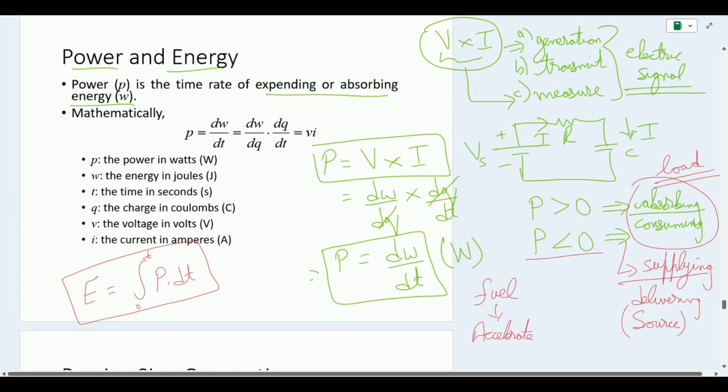So we can say fuel is acting as the energy for the vehicle, and whenever that energy or fuel goes to the combustion engine, you basically accelerate, which means you are providing power to the system. So the more you accelerate, the more energy used. This is an analogy where energy and power are used side by side.